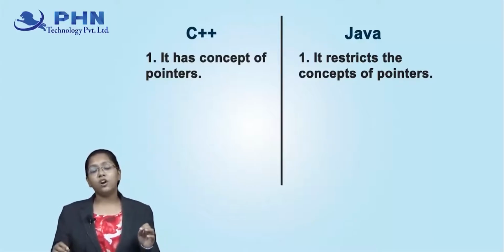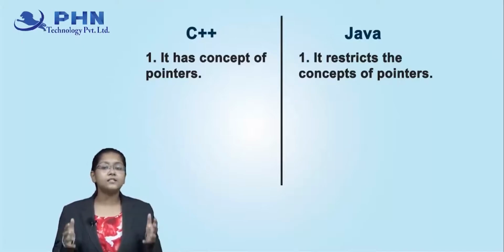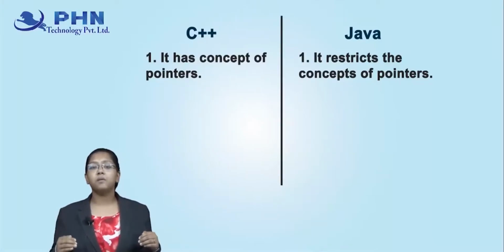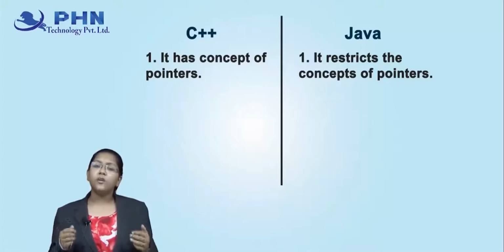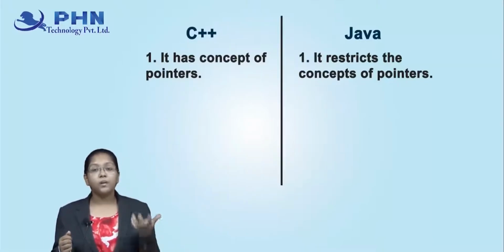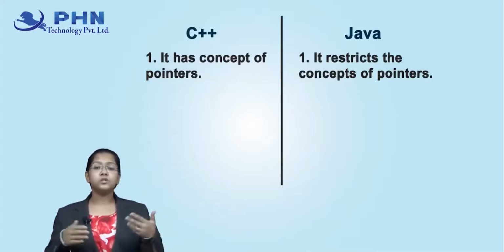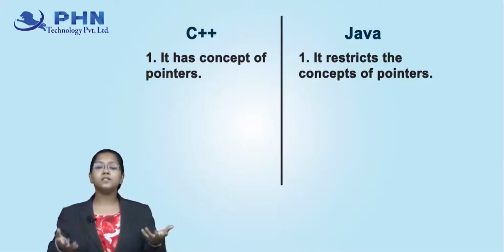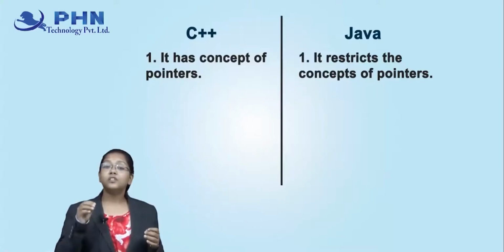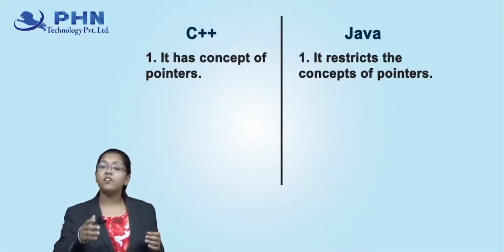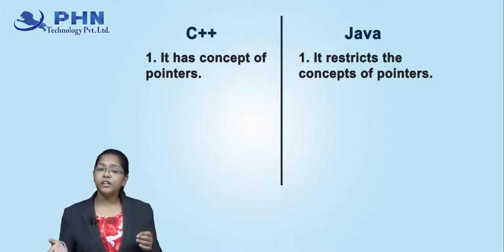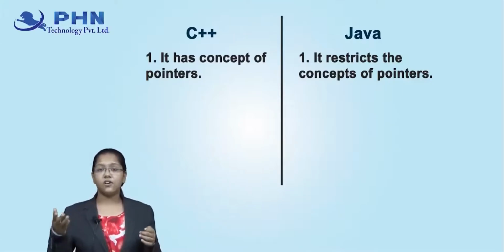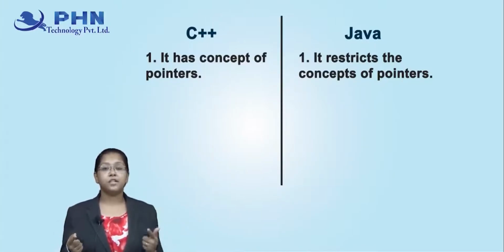If I am able to directly access the memory, as with pointers, through its addresses from the physical memory itself, is this safe? No. Because irrespective of the user, I am able to access the memory, so how can it be safe? Therefore Java restricts the concept of pointers itself, and so we can say that Java has strong memory and is secure. This is the main difference between C++ and Java.